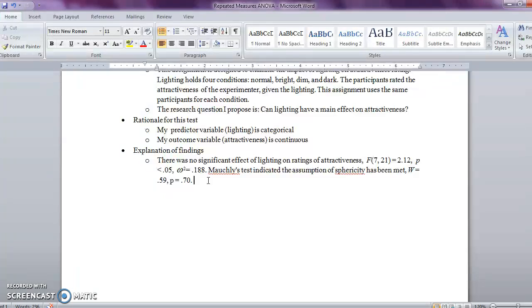Whenever you're using the same person or object for each condition, say participant 1 is looking at the object we're rating for attractiveness, if they continuously look at that person from normal to bright to dim to dark, that can impact their observation of them, and maybe that might be the whole point.